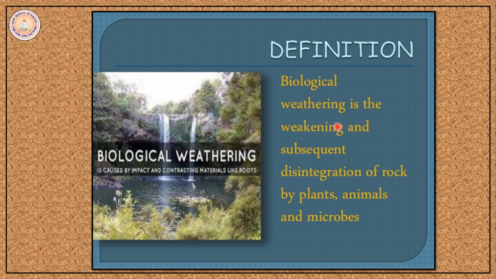Now, biological weathering. That also plays a very important role in the disintegration of the rocks. Biological weathering refers to plants, animals, human beings. All of them are responsible for bringing about a breaking of the soil. Now let's see how.